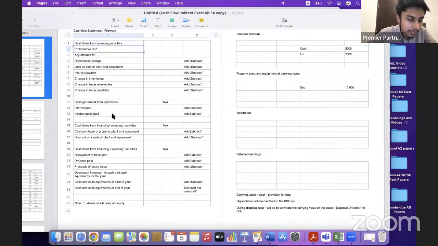Let's see. Here, cash flow from financing / investing activity. Now guys, normally what's the second heading? Second heading is normally investing activity. Exactly. So therefore guys, let's remove the word financing activity. Okay. Right. Then guys, let's go to the next one. Cash flow from financing / investing activity.